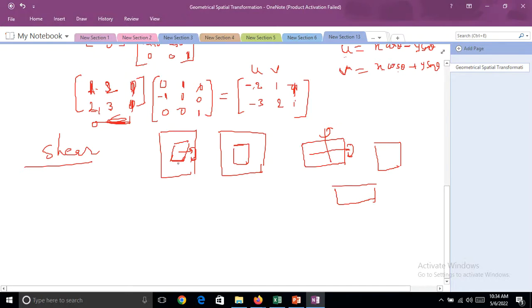So for this purpose, what should be the value of the operator T? First you write the identity matrix: 1, 0, 0, 0, 1, 0, 0, 0, 1. If we want to shear along the x-axis, we shall change this value. If you change this value, it will be rotated vertically, so I'll write RV.